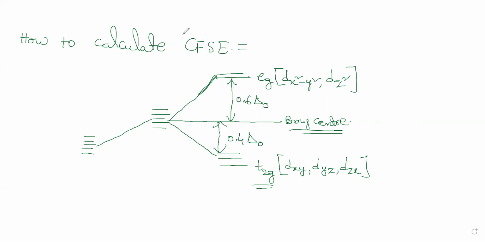The CFSE formula, this is very, very important. CFSE formula is negative 0.4 delta naught plus 0.6 delta naught. So top is positive, bottom is negative.